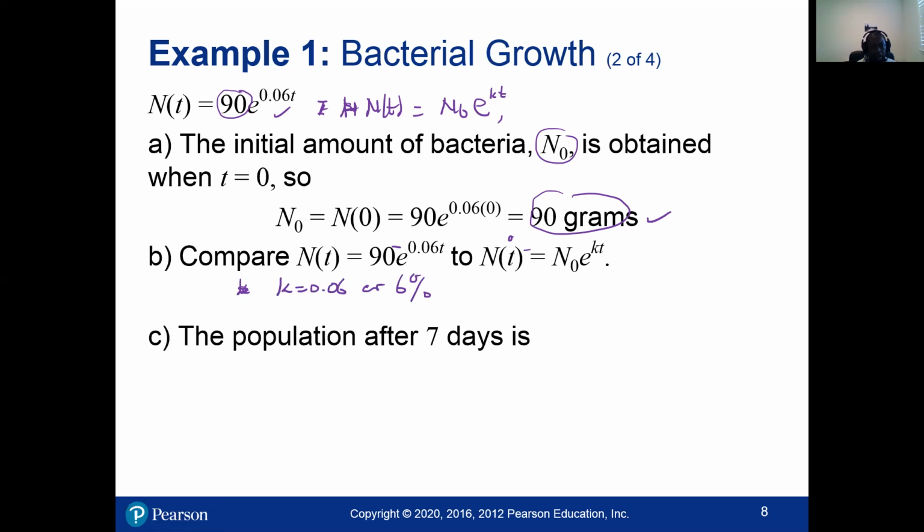And then the population after 7 days. So what's happening is that your t is equal to 7 days.